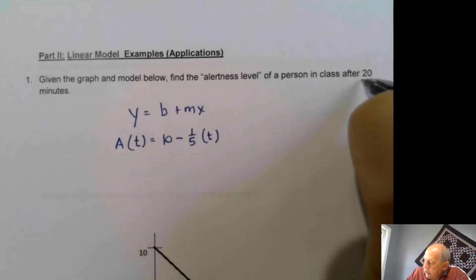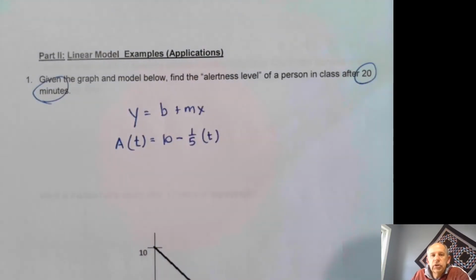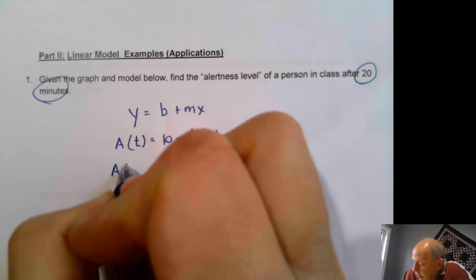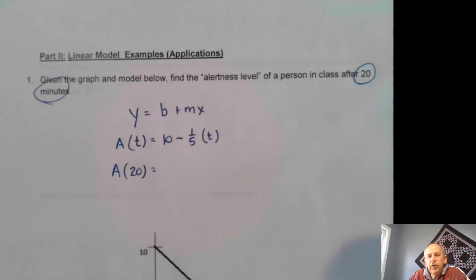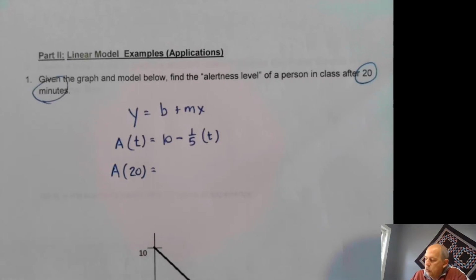So what I want to do is see what's going on with a student after they've been sitting in class for 20 minutes, and now I have a model predictor to see what the alertness level is. So wherever I have a t for time, I'm going to plug in 20.